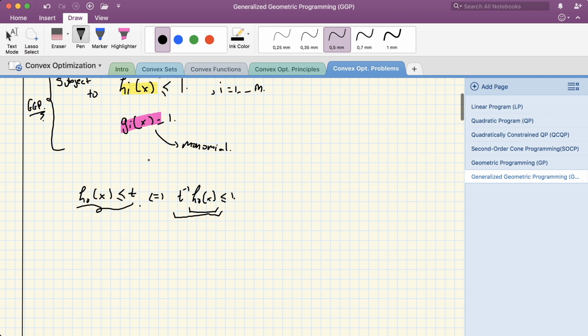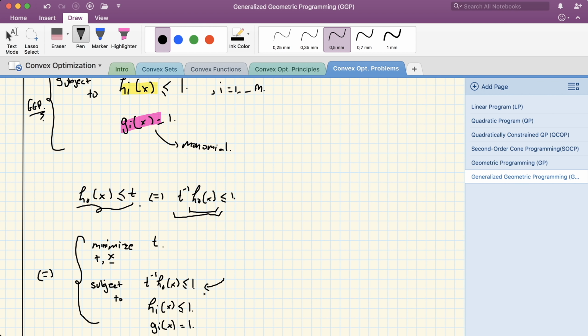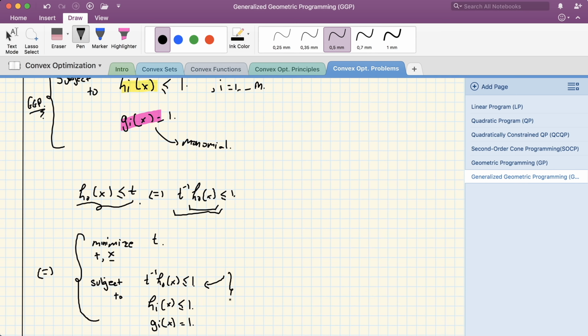So I'm going to rewrite the following as such. Here's the additional constraint. Note that all those guys right here are generalized polynomials, and hence I could express them as a polynomial of polynomials, right? That is, each one of my hi's, let's grab one polynomial and a similar argument will hold on the others. So I'm going to grab one polynomial, hi of x, and I'm going to say that it is phi i of fi1 of x, comma, fik of x.